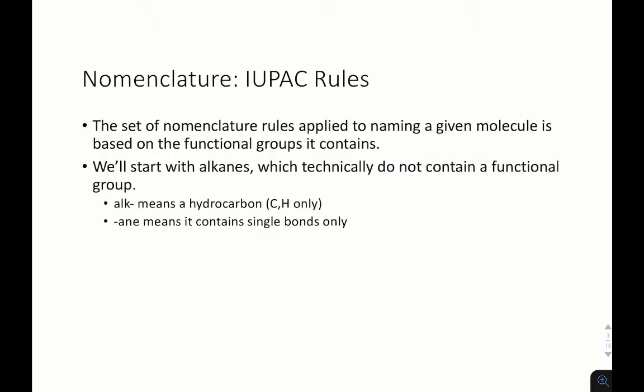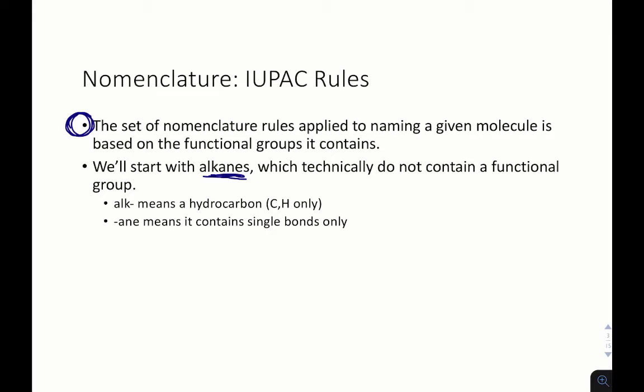Okay, we are going to start with alkanes. Now, alkanes don't technically have a functional group, as you know, but the rules for naming things are going to be based on functional groups. So since alkanes aren't technically one, they're going to have the simplest rules. So we're going to start there.